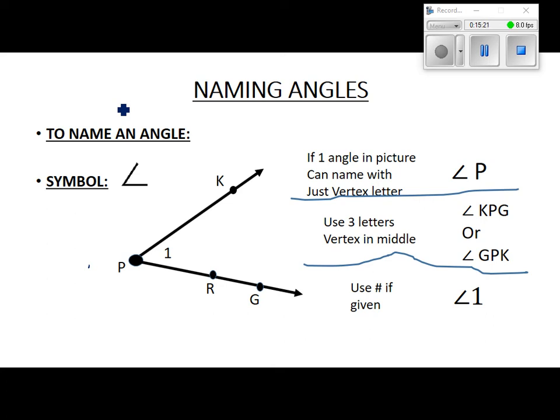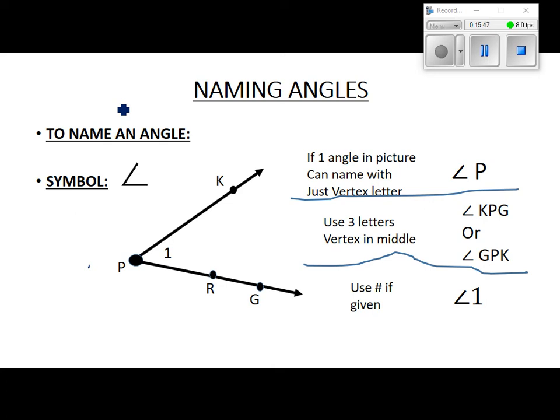Well, I shouldn't say that. You could. If it's this angle up here and Damon puts down angle ABC and there's no A, B, or C in the picture anywhere, then yeah, that's messing it up. But with 3 letters, you're just going around the angle. You're starting at one side and going through the vertex.